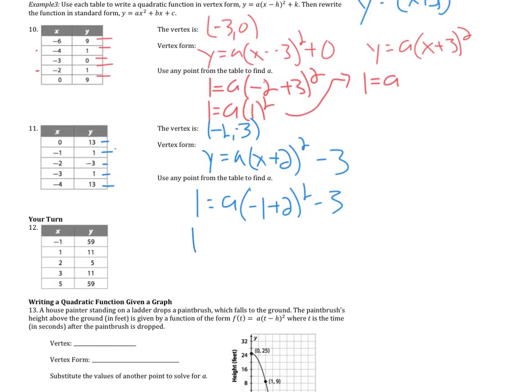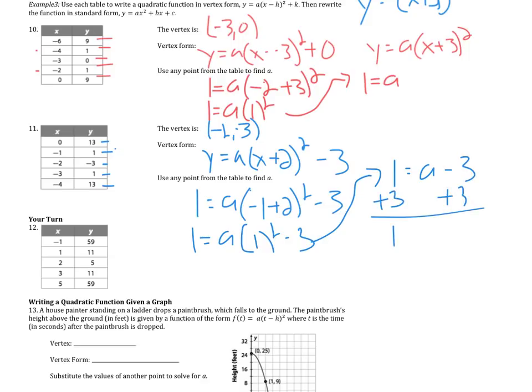That gives me 1 equals a 1 squared minus 3. So we get 1 equals a minus 3. This time we have to add that 3 over. And we get 4 equals a. Now, if you'd pick something else besides that and you got a different value in here, all that would happen is you'd have a number in front of your a.